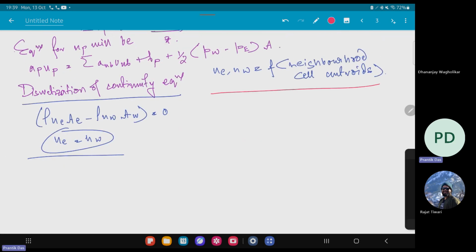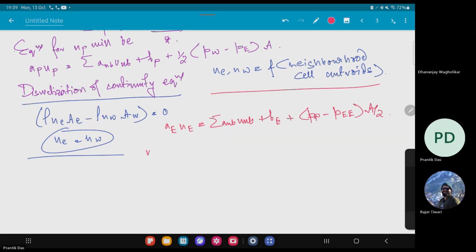Another thing I forgot to write: when I go for the discretization of the Navier-Stokes equation for E, AE UE equals ANB UNB plus BE plus PP minus PEE multiplied by area divided by 2.